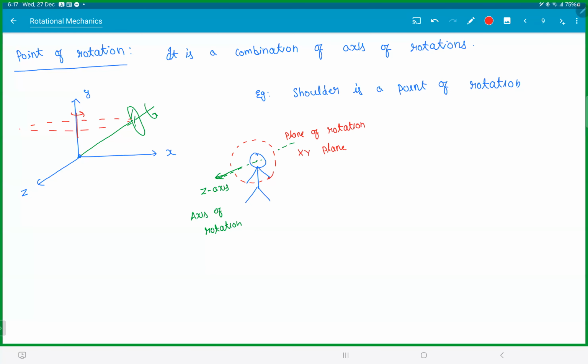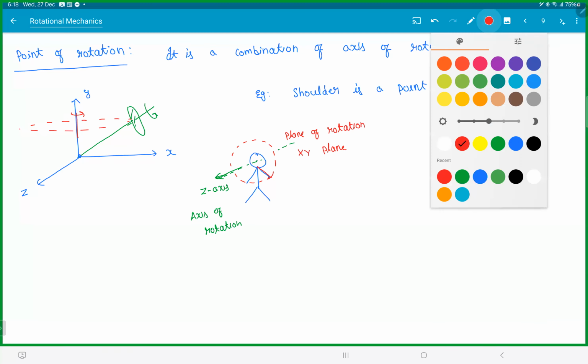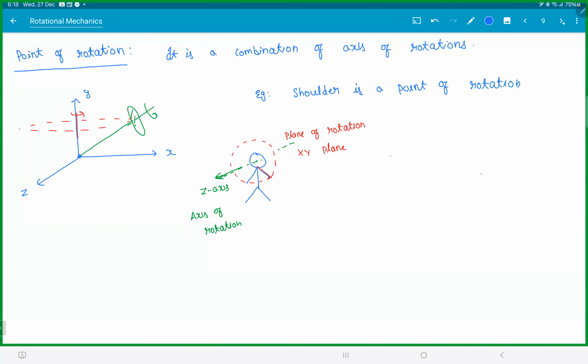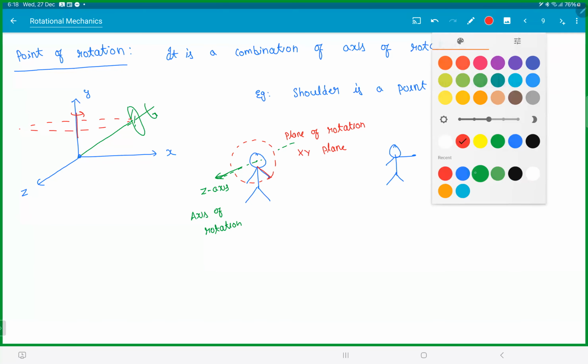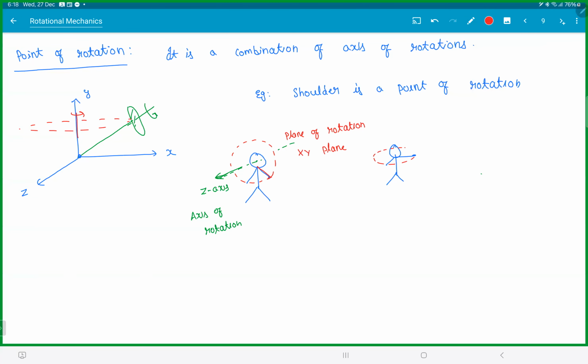You can also put your hand in front of you and rotate left and right. I know you can't complete a full circle, but here the plane of rotation would be the XZ plane, and you're rotating about the y-axis.